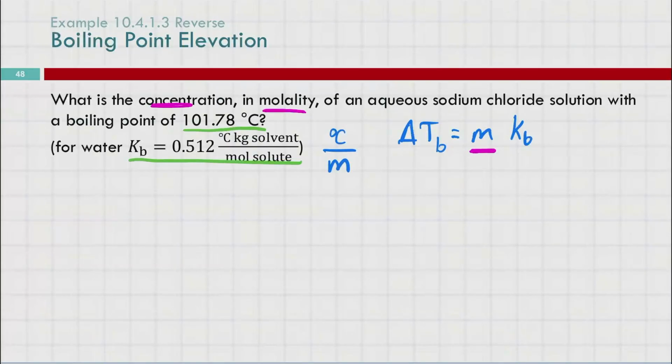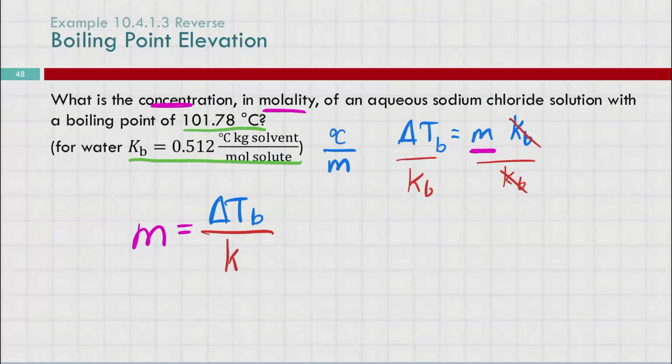We can rearrange this, divide both sides by Kb, and molality equals delta Tb over Kb. Do we have Kb? Yes, we were given that. Do we have delta Tb? We do not have delta Tb. You might think that we have delta Tb. We do not have delta Tb.